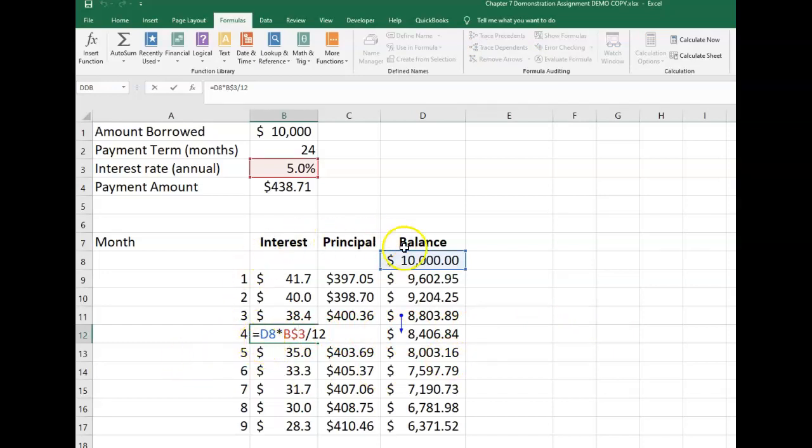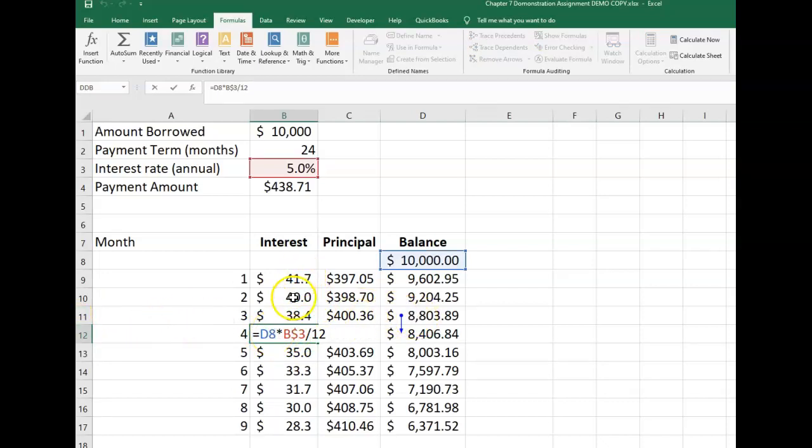And that tells us what the problem is. B4 uses the old $10,000 balance at the beginning of the period times the interest divided by 12. But monthly interest should be calculated on the balance at the beginning of the month. So what we need to do is see, we could change this to B11.